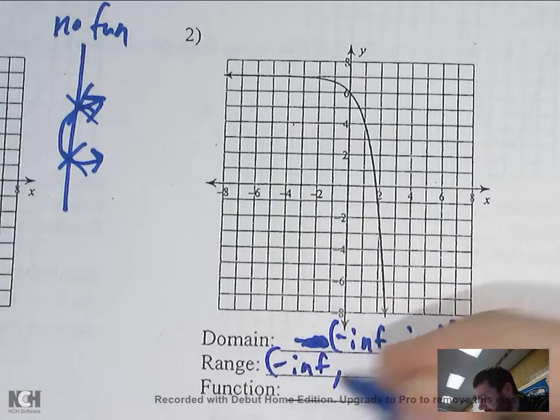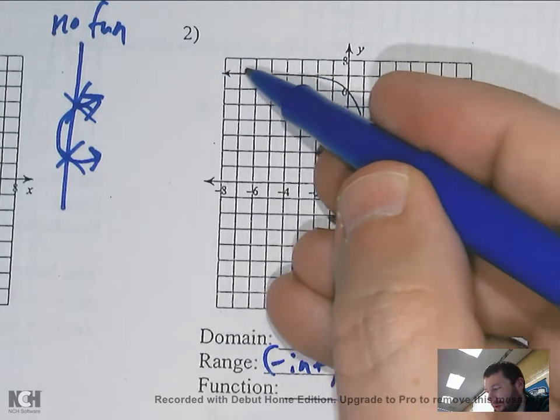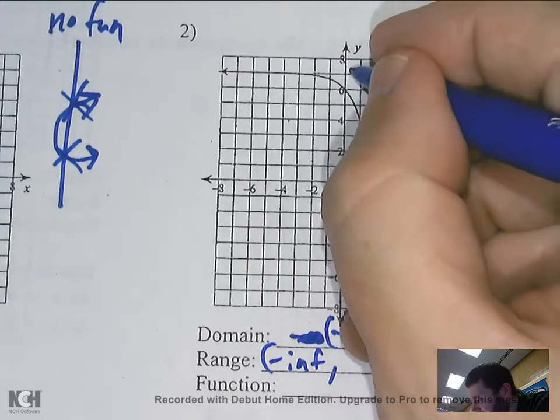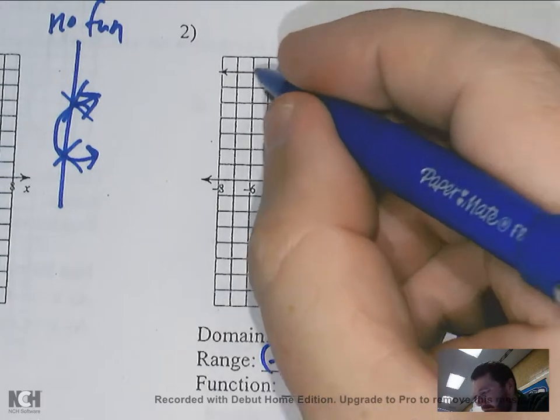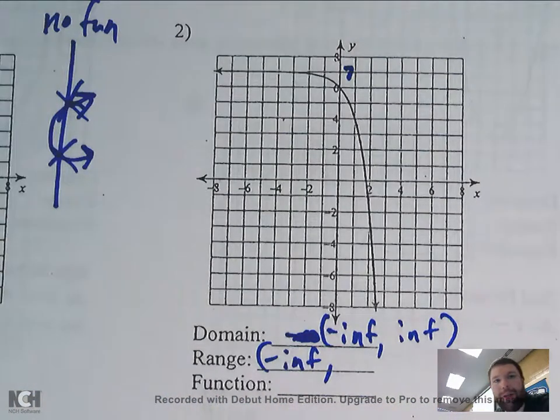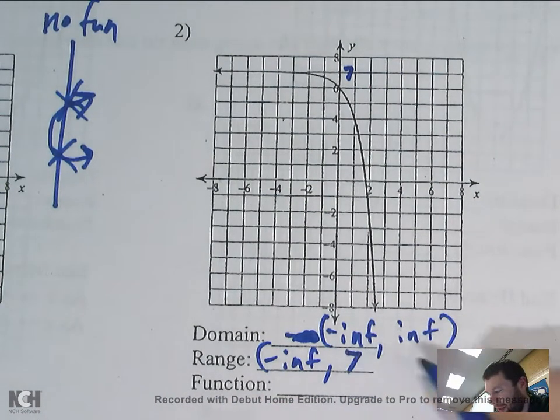Okay, and then as it goes up, we hit the horizontal asymptote. We hit this y value at 7 that it shouldn't ever pass, right? These are just fractions that are getting closer and closer to 7, but it's never actually going to go above 7. So it's going to top out at 7.